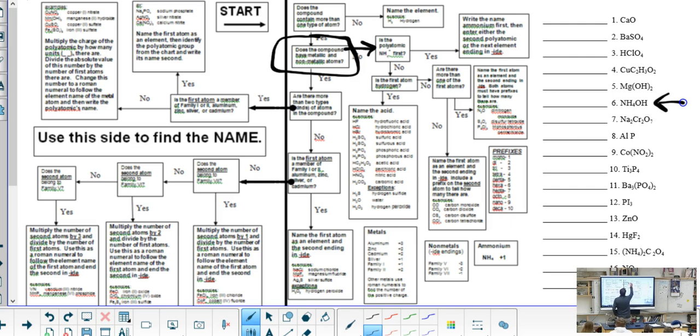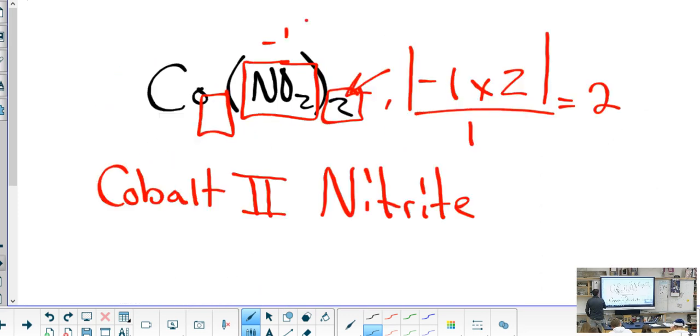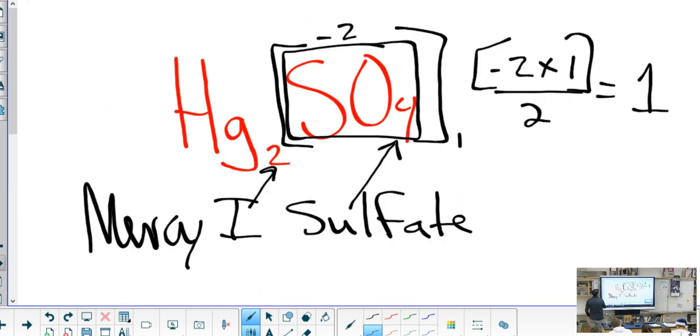All right, then we go that way. Is NH4 first? Yes, I love these. We go straight over, and it just says, write the name ammonium, and then either the element or the polyatomic ion next. So is OH just one element, or is it a polyatomic ion? It is polyatomic, thank you.